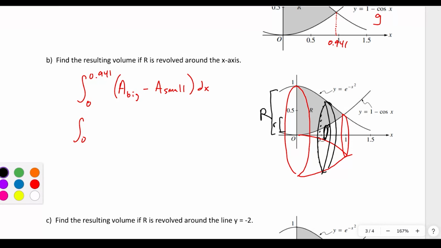They're both going to be variable here. So we have pi times R squared minus pi times r squared dx, where the radii are defined by each of the two functions. So the top is f, and the bottom is g. If you've got this all typed into Desmos, you will get your answer here, which is 1.746.